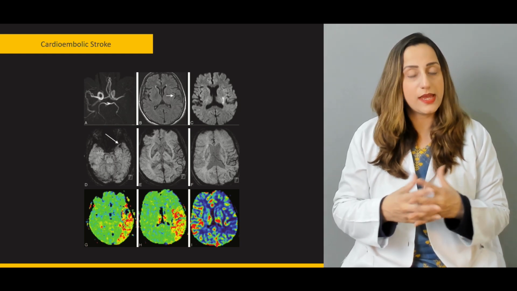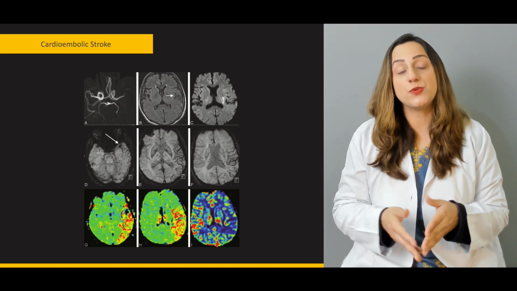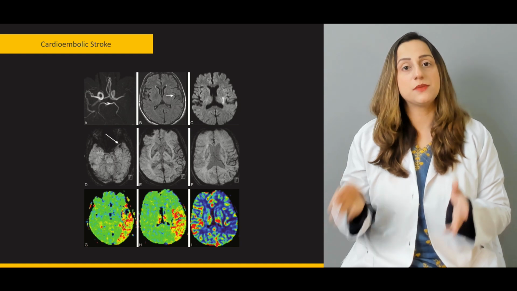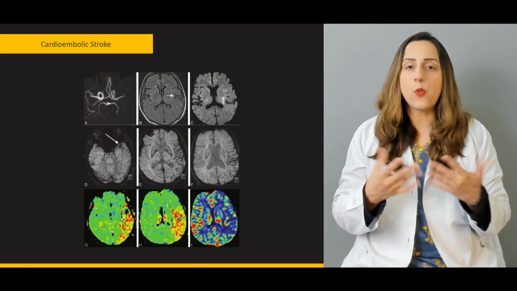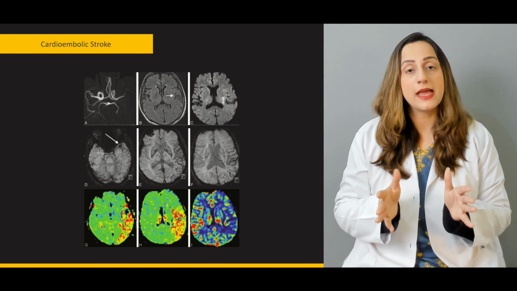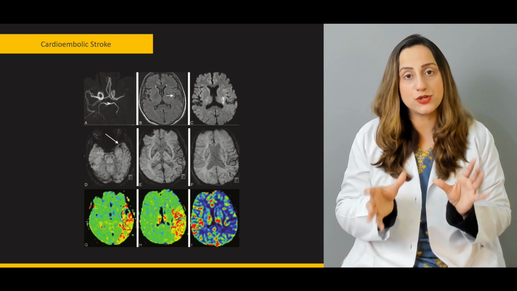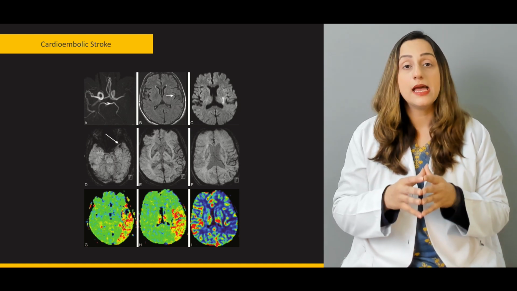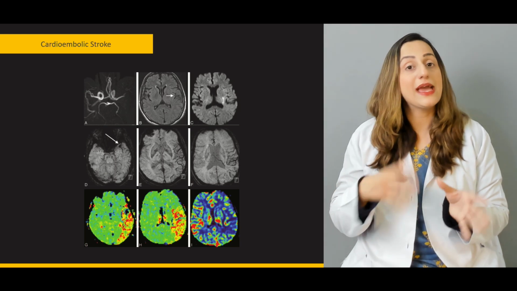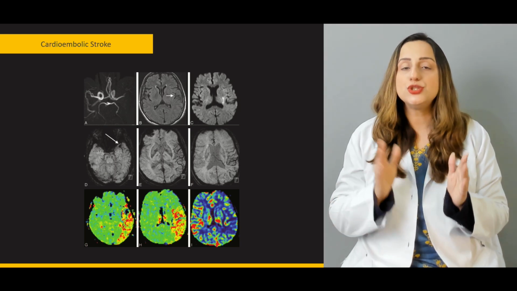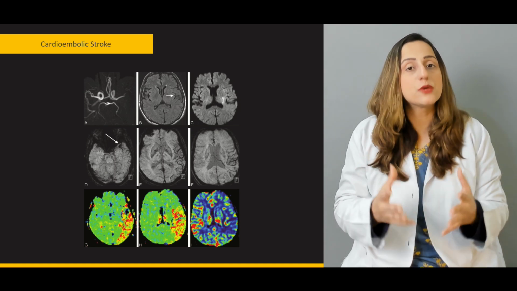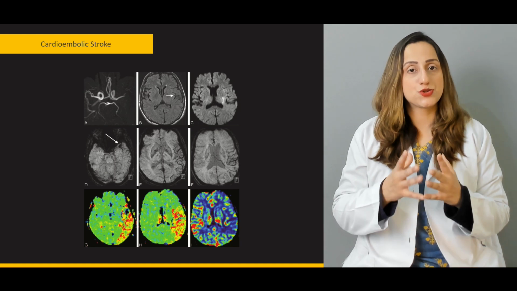And then obviously we should know how to differentiate between the frank hemorrhages and, on the other hand, the particular hemorrhages which are one of the features of the ischemic stroke. It's quite confusing. When you look at these hemorrhages on the CT scans and MRIs, you might confuse this kind of stroke, the ischemic variety, with the hemorrhagic variety, but you should know that this is a particular feature of the ischemic variety of strokes.